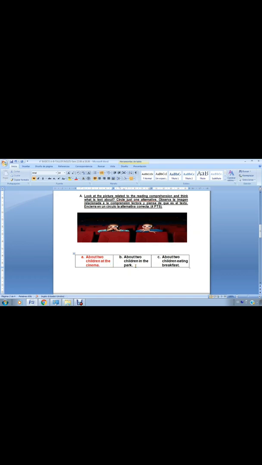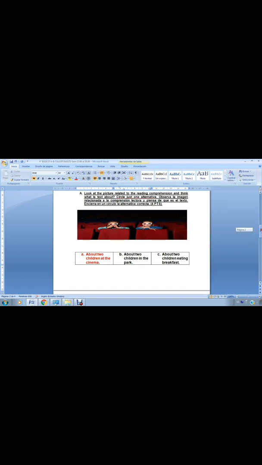Letter B says, la letra B dice, about two children in the park, sobre dos niños en el parque, and they aren't in the park, ellos no están en el parque. And letter C y letra C, about two children eating breakfast, sobre dos niños comiendo su desayuno. So, entonces, the correct answer is letter A. La respuesta correcta es la letra A.